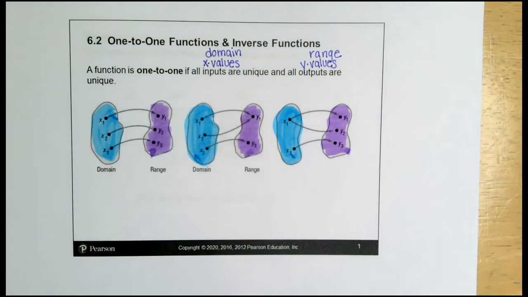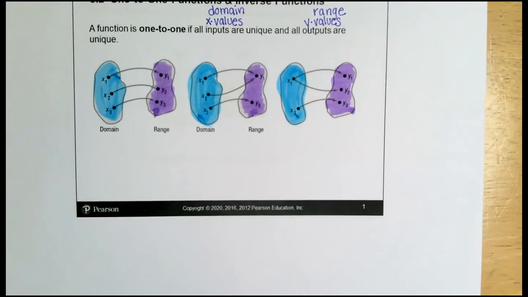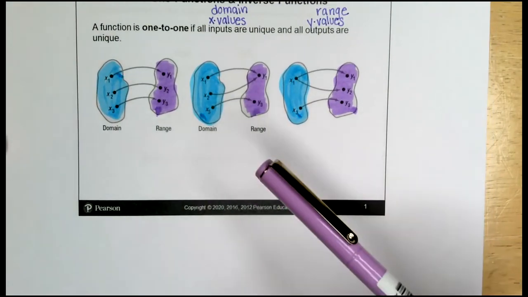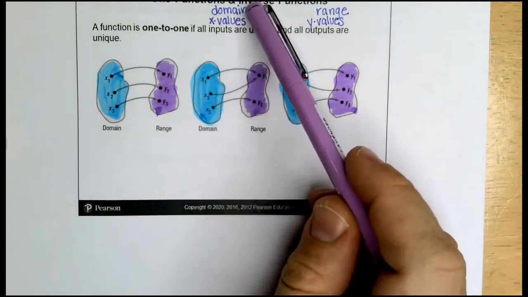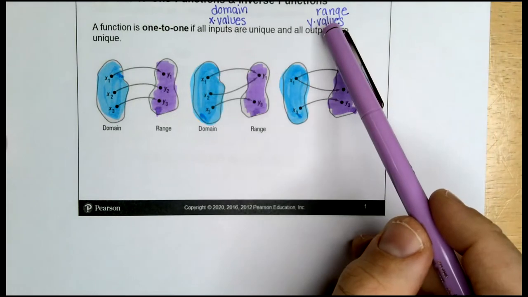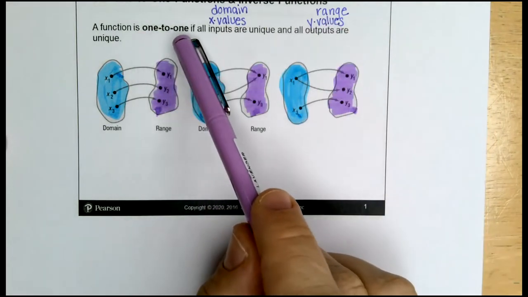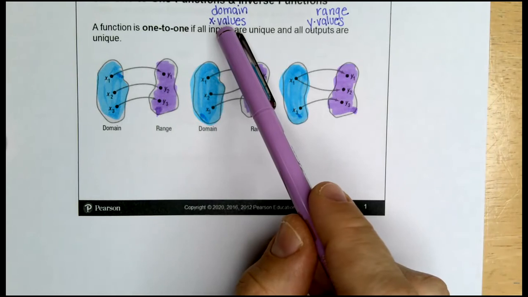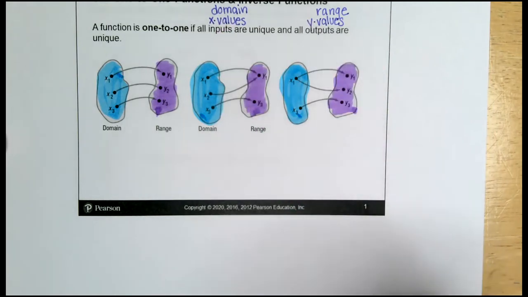Okay. So for an equation to be a function, every input, every x value has to have a unique y value. For a one-to-one function, the x values must be unique and the y values must be unique.